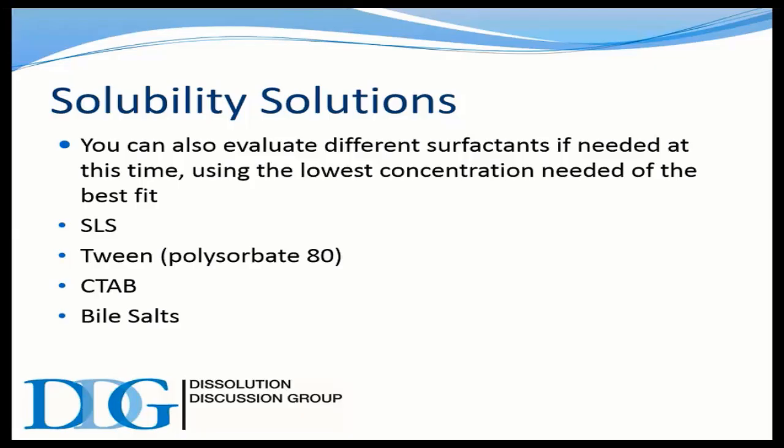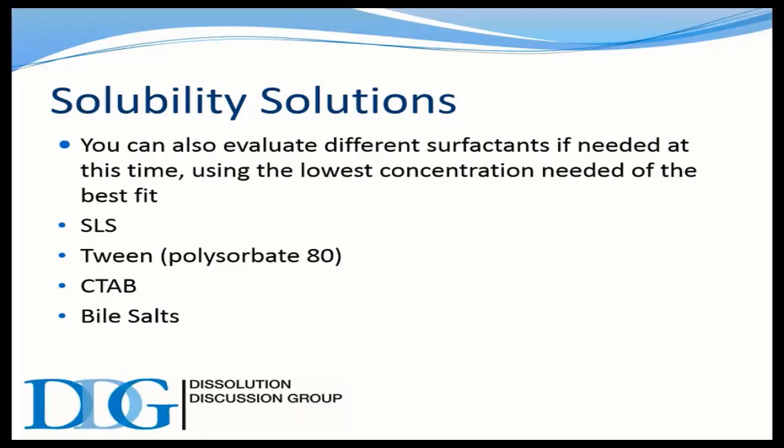But anyway, surfactants. We're going to focus the discussion now, shift it a little bit toward the solutions, I mean, the answers to solubility issues. So some of the best things are to evaluate different surfactants at the time. There are quite a few, and we're going to go over these in a little more detail in a minute.